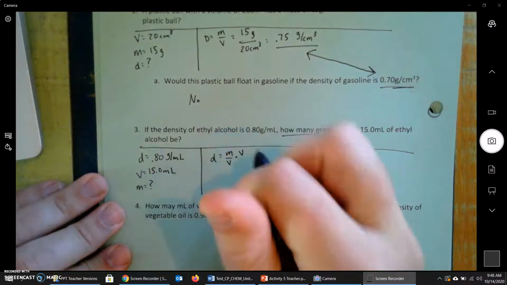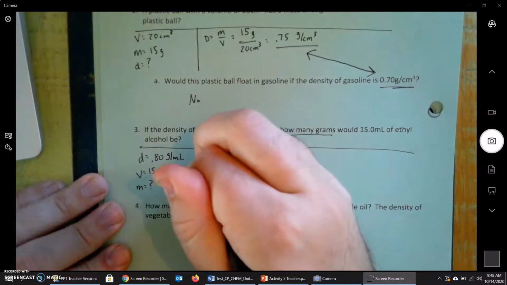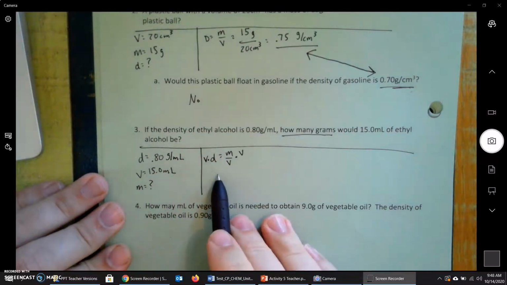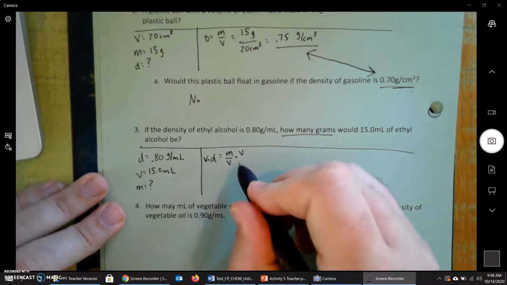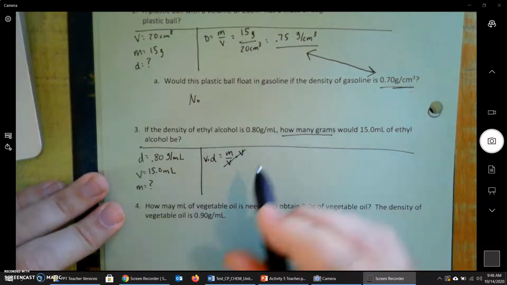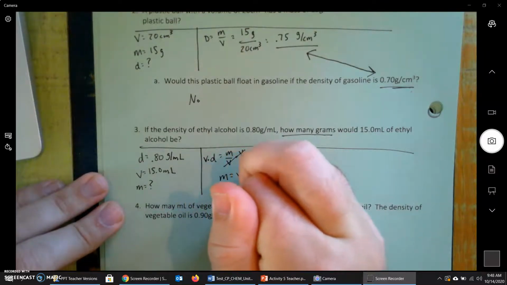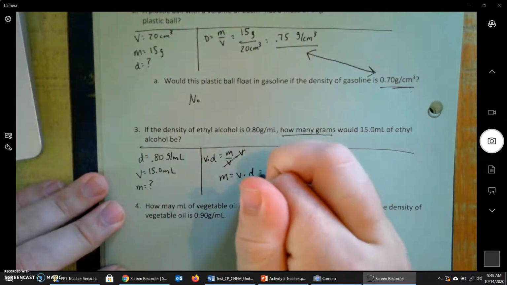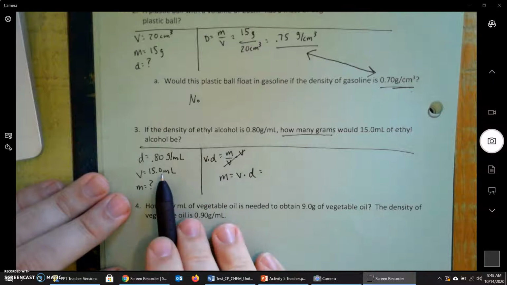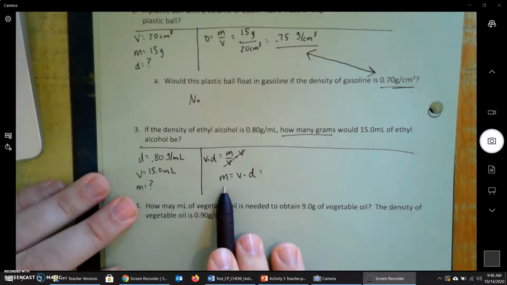If we multiply the right side by V, we must also multiply the left side by V. On the right, we now have M times V divided by V, and our V's would cancel out, giving me a new formula of mass equals volume times density. All right, so now we can plug in our numbers and our values since we have mass by itself on one side of the equal sign.